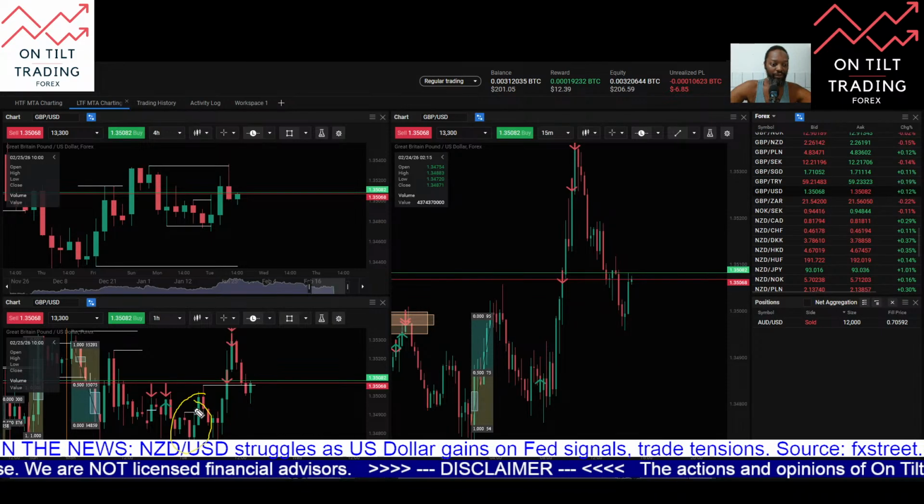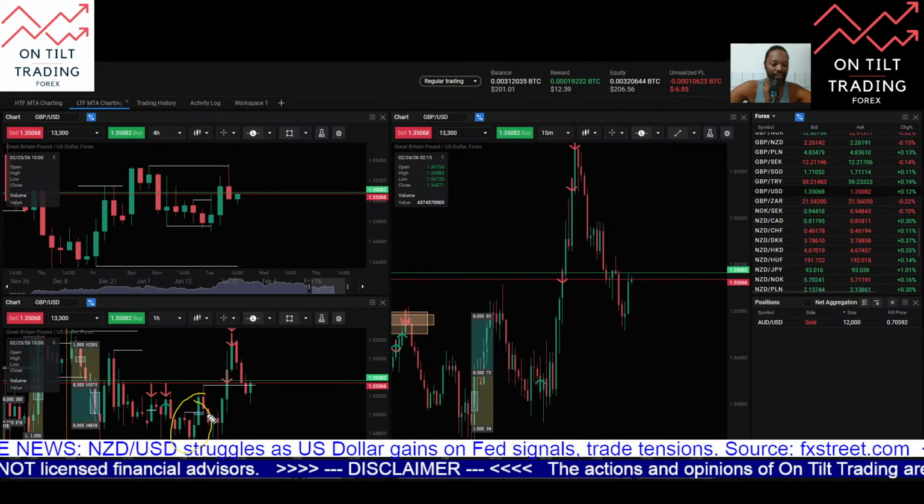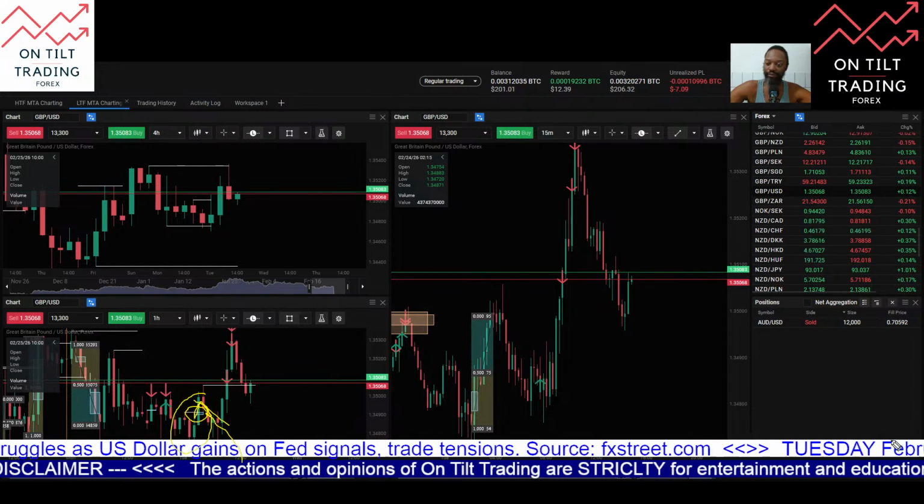So here you get a market structure shift and also get a bullish fair value gap right here.